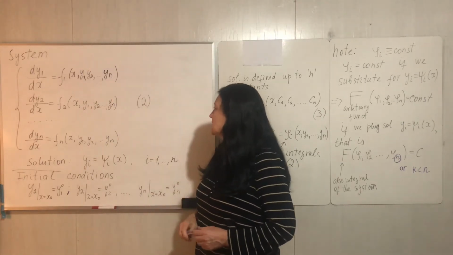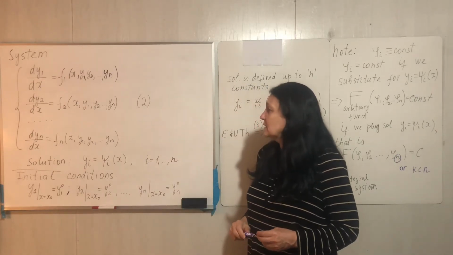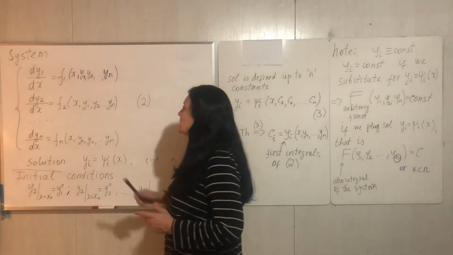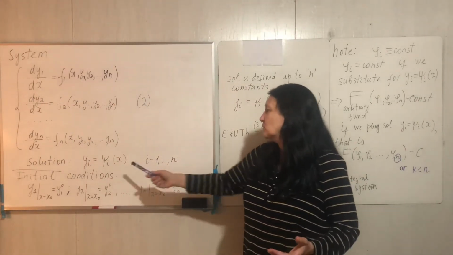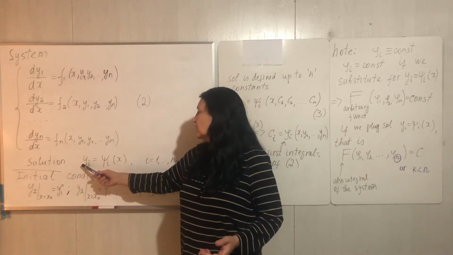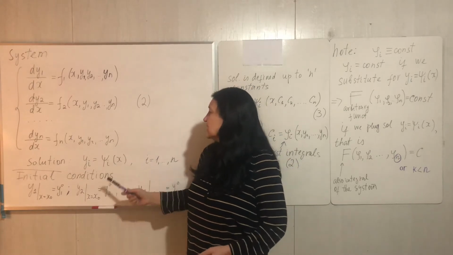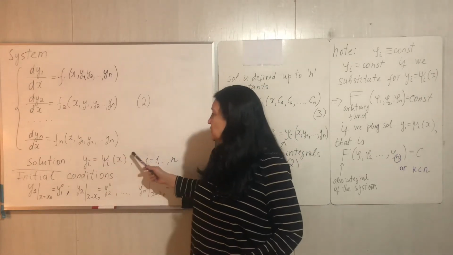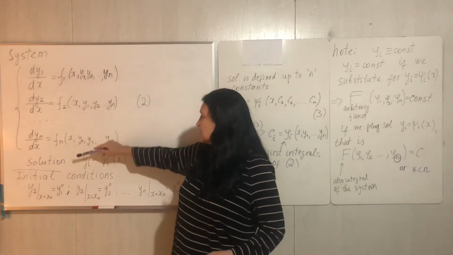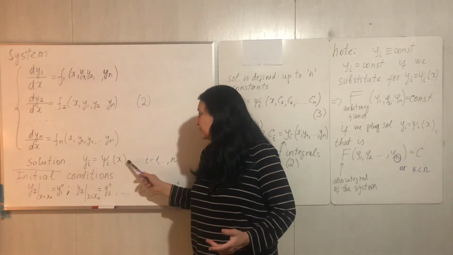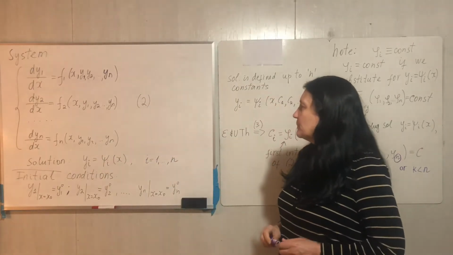So we have this system. Let's give it number 2. And what do we call a solution to this system? If we can find functions y1, y2, yn of x such that when we substitute them back into our system we get identities, then we call this set of functions a solution to our system.